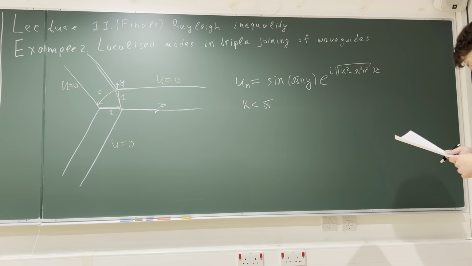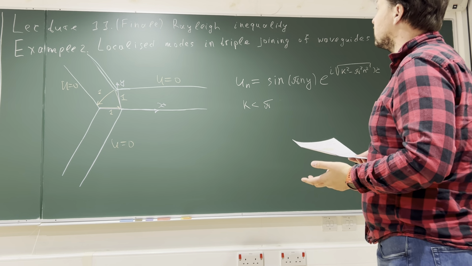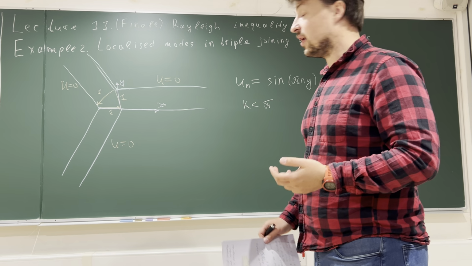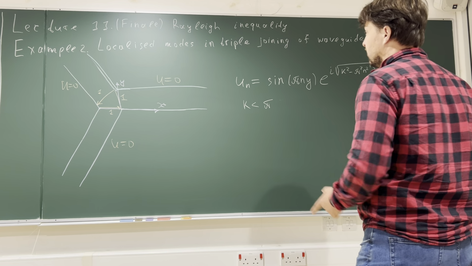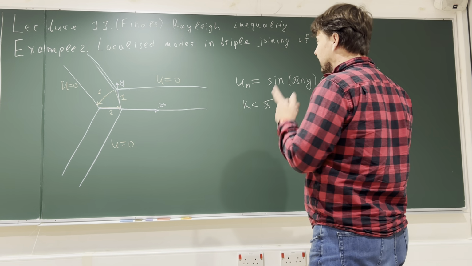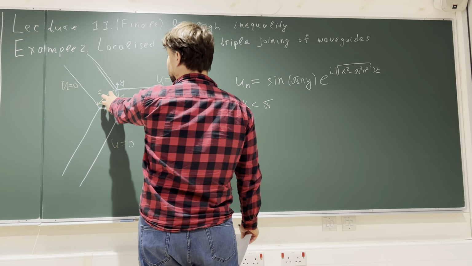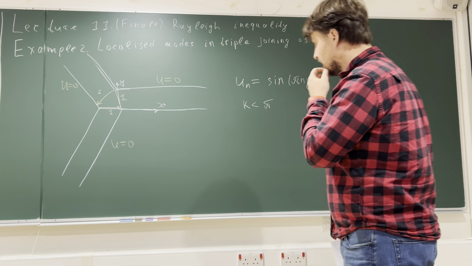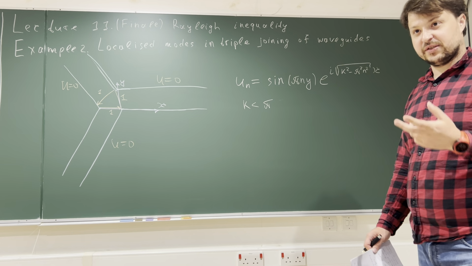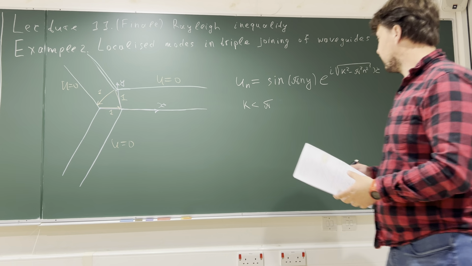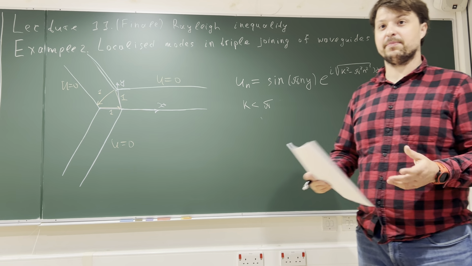So probably then you can guess the idea. What I will try to do next, I will try using the Rayleigh inequality to show, and I will succeed, that we have a localized mode, localized around here. For this, I need to build a test function for which the value of the Rayleigh quotient will be less than pi.